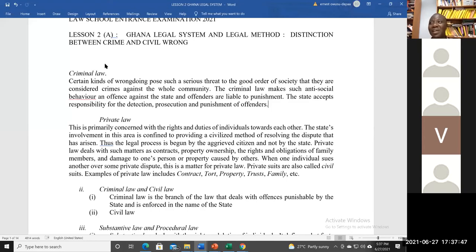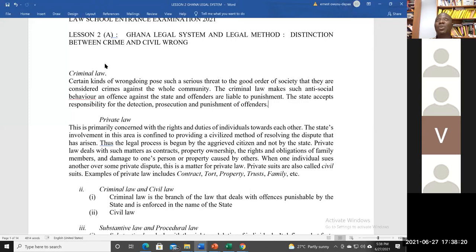So if we are going to revise anything at all, I think it's important that you pay attention to some of these areas, because if you look at the most examinable areas, these are the main areas. Of course, other things like the Legal Aid Commission are also there. It will not be a bad idea to also look at that.